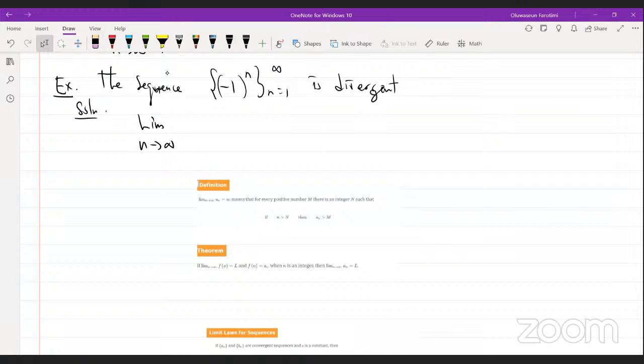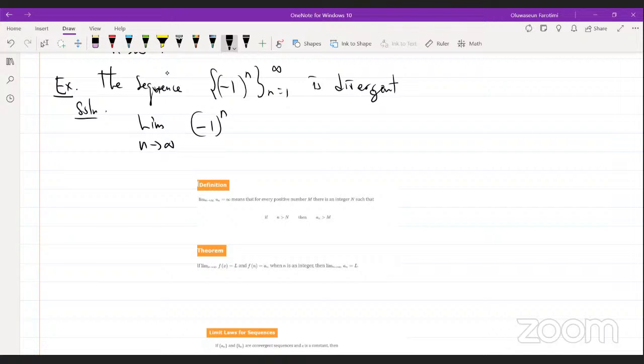What is the a sub n in this case? That is -1 to the power of n. But this limit depends on the value of n. Okay, when n is even, then it converges to 1. When n is odd, it converges to -1. So that means this limit oscillates or alternates between -1 and 1. So because we don't have a single value, what happened, guys? It diverges.